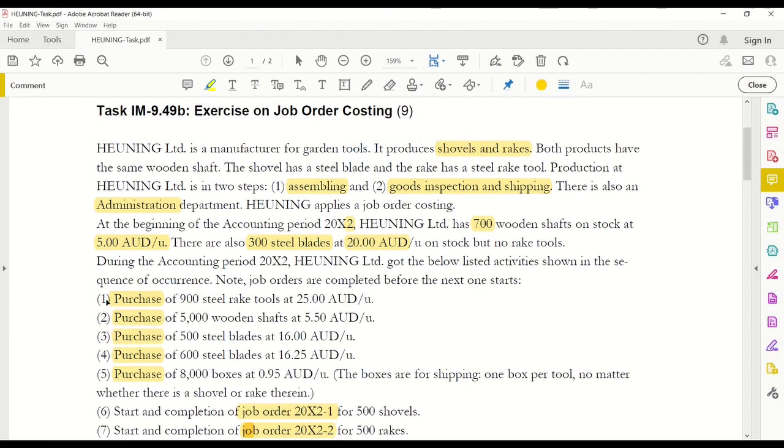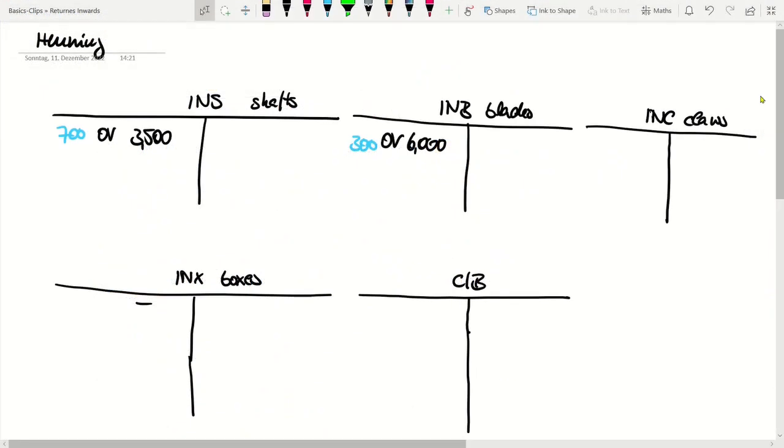In the next step, we record the purchases. So the purchase under number 1 will get bookkeeping entry 1. We will refer to the steel rake tools as claws, and the company buys 900 of them.